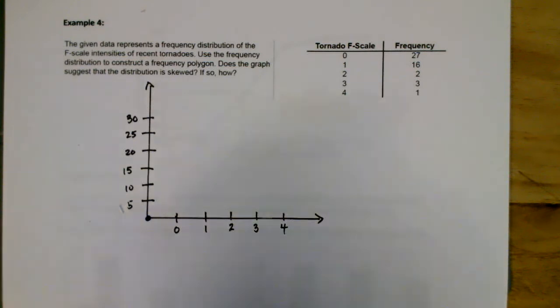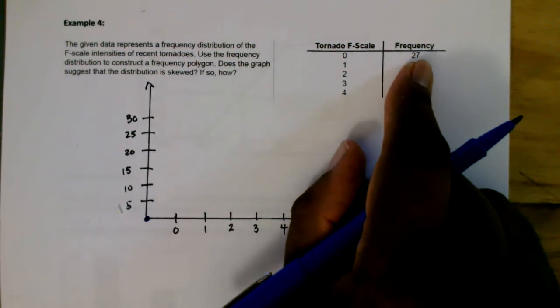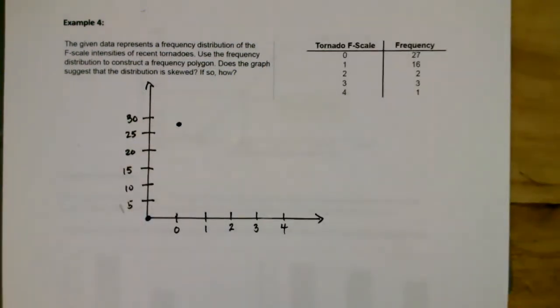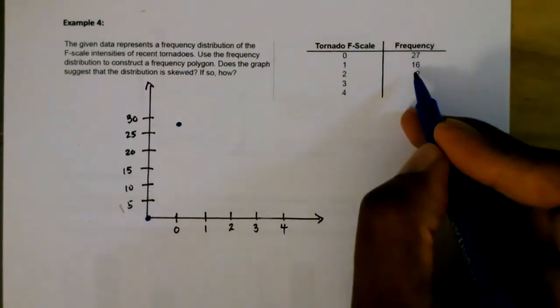All right. For the 0 F scale, the frequency was 27. So here I'm going to go up close to 30, or actually halfway between 25 and 30, and draw the point. And then for 1, that's 16. So at 1, I'm going to go up a little bit past 15.